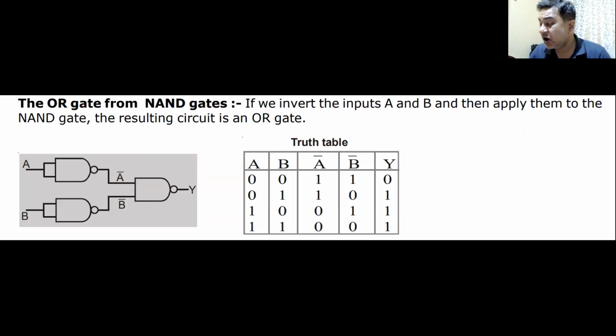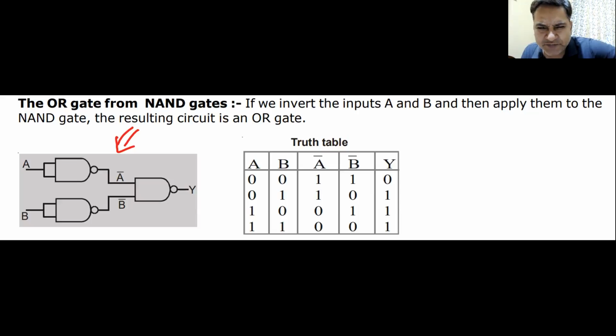This is the next thing, the OR gate from the NAND gate. No one is going to ask you to create an OR gate from a NAND gate. That will not be the question. The question would be, they will give you this symbol and they will ask you what is the result. Do you understand how questions are framed?